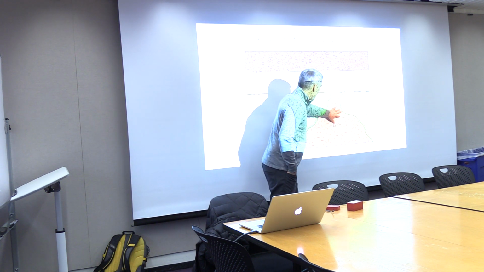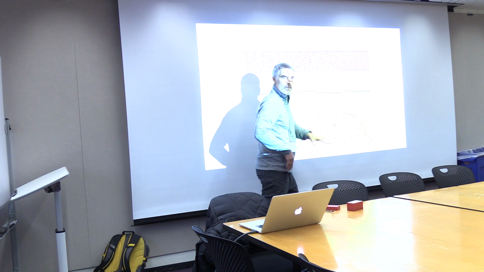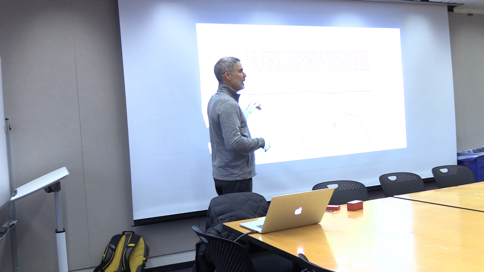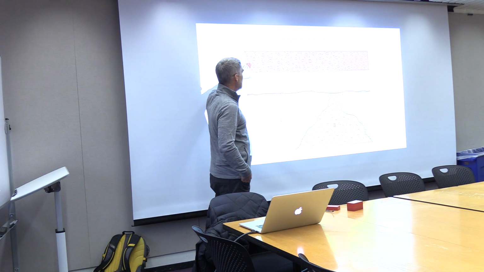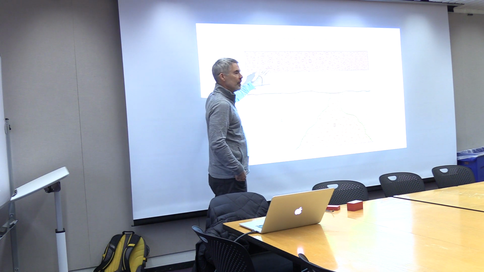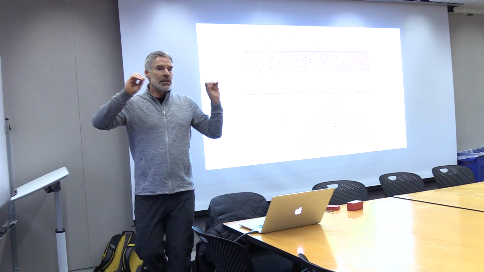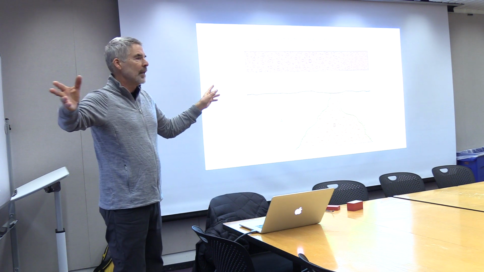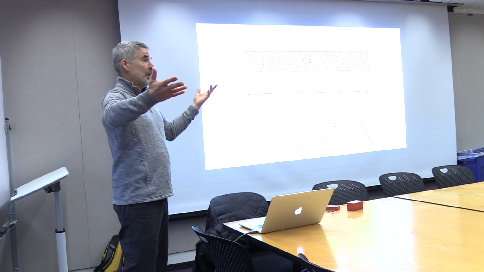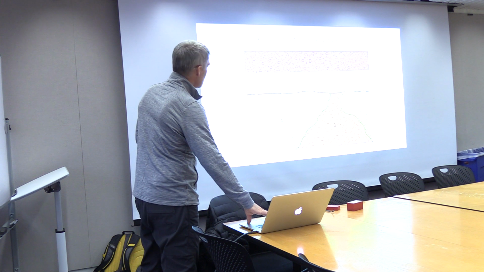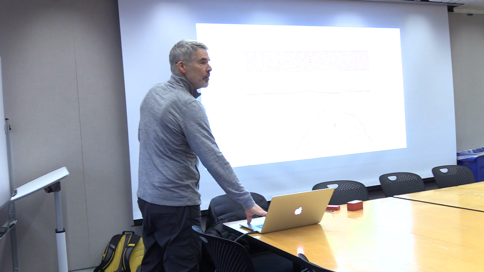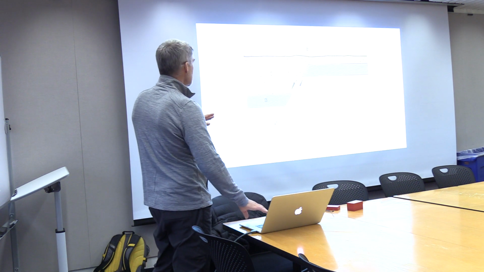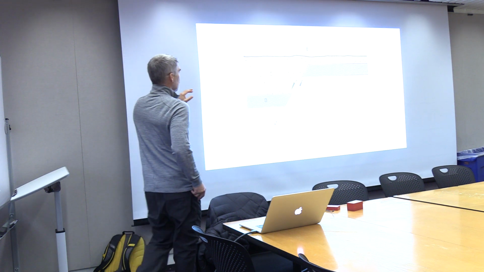And then we have an intrusion, which is B. So some igneous body comes in. Then there's a period of erosion, and then C and D are deposited on top of it. So I look at this and it's instant, right? Because I've been thinking about this for so long, it takes me no time. But it's a nice way to introduce my students to thinking about things like this.